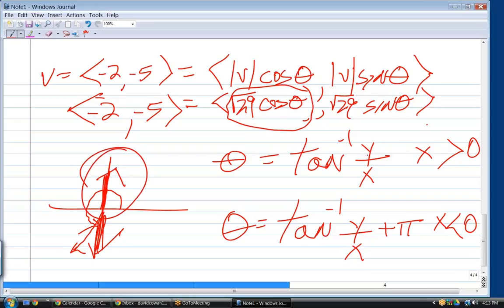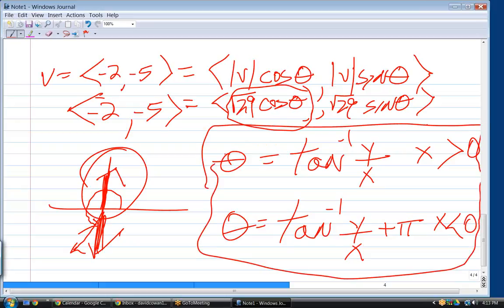So you would know that it's 90 degrees if y is positive, and you would know that it is 270 degrees if y is negative. So this definition for the direction angle is far simpler than theirs, and I think it works in all situations.